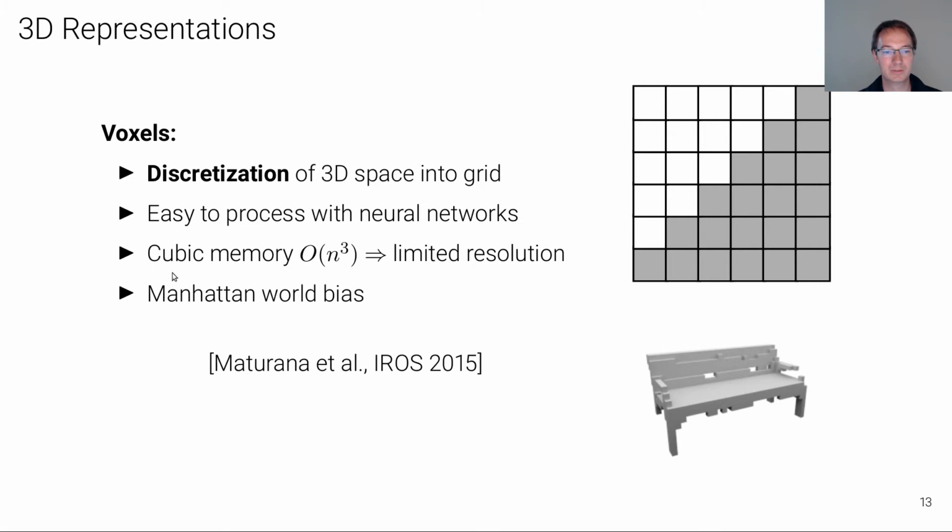However, they have a cubic memory requirement, so the memory grows cubically in these 3 dimensions, and thus can only process outputs at limited spatial resolution. Furthermore, they incorporate Manhattan world biases, as one has to determine how the coordinate system that defines the voxels is chosen.